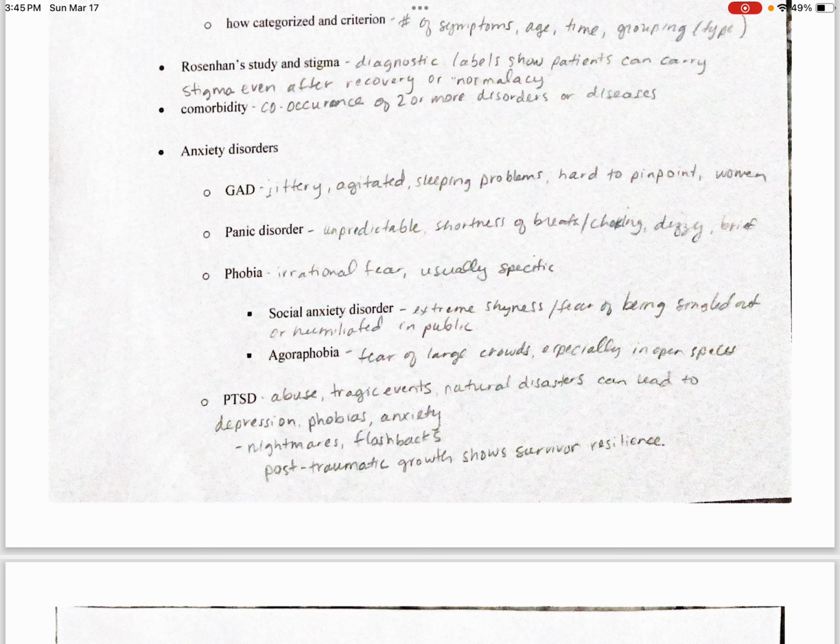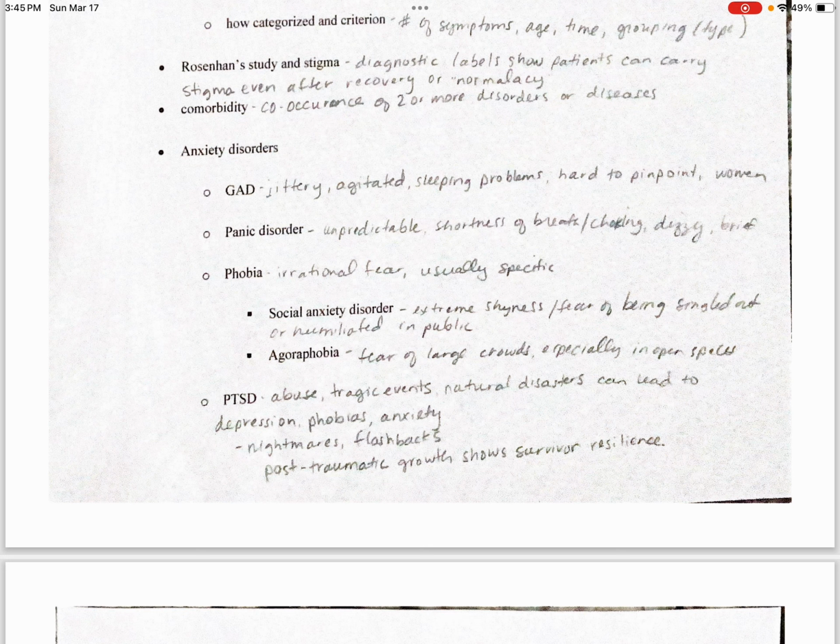PTSD stands for post traumatic stress disorder. It can be a result of abuse, tragic events, natural disasters, but PTSD, and we used to call it shell shock in wartime situations, but we know it's not just that anymore. It can lead to things like depression, phobias, anxiety, which, we talked about this word comorbidity.